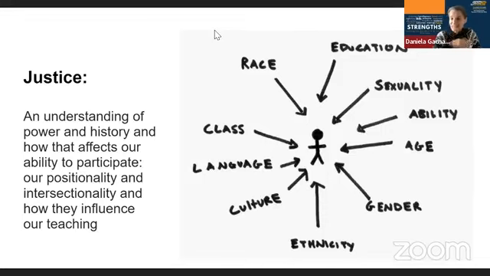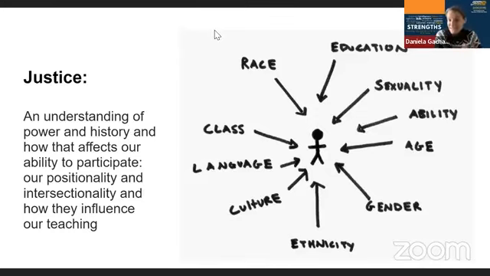And that is, as Nicola said, something that we work towards. We understand that it's not something that we can ever reach, but it's an aspiration. It's that urgency to act so that we can reach social justice. And the way we define it, justice is to understand that who we are is impacted by our history, about our positionality.